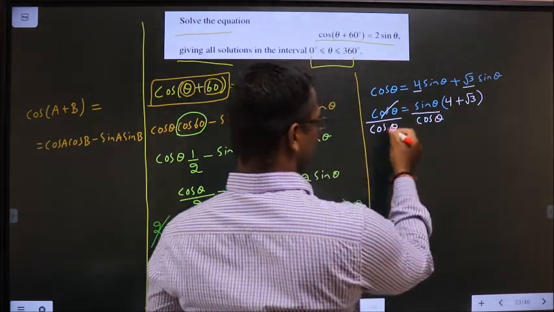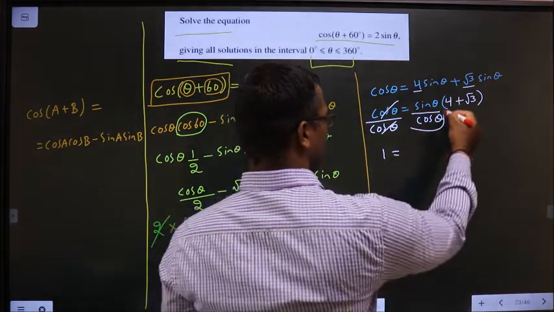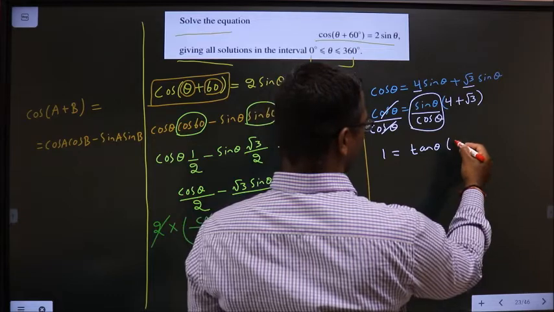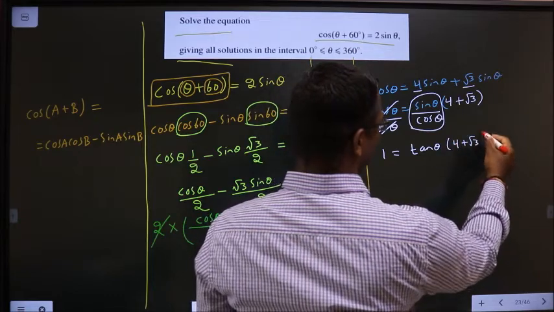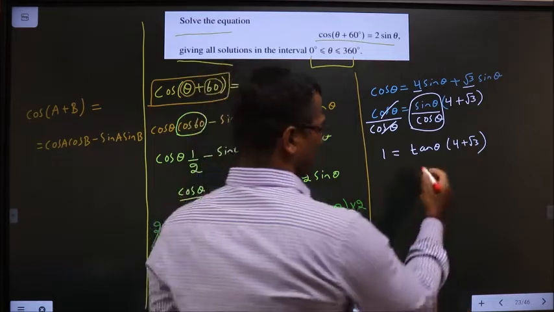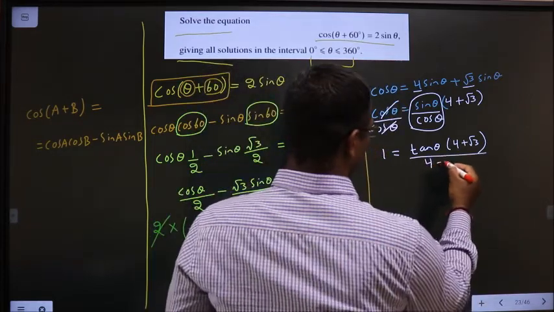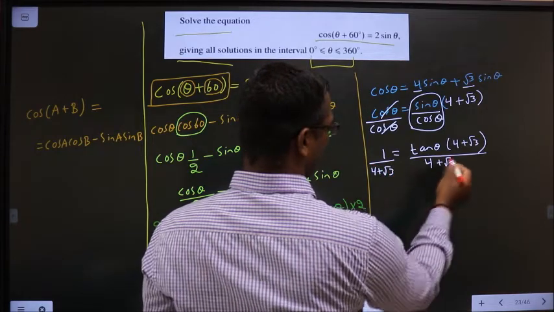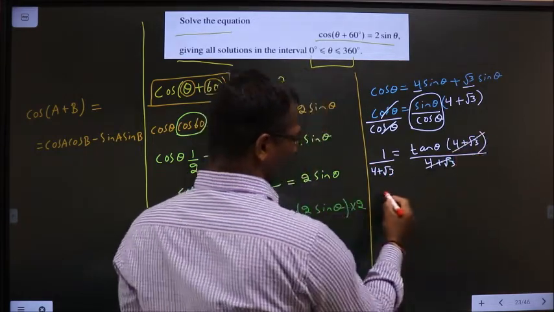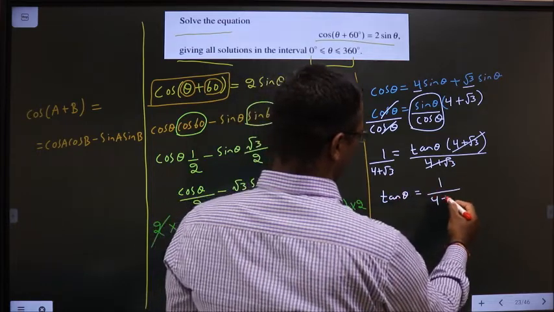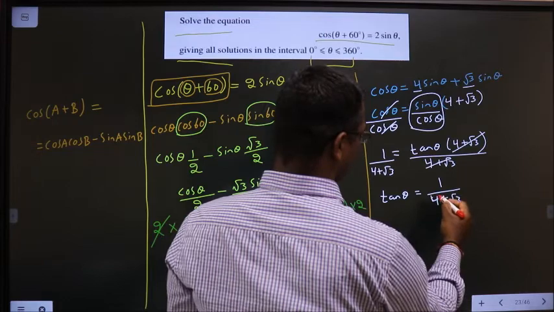Such that this cancels out, and here instead of sine by cos, I will write tan theta equal to 4 plus root 3. Now, tan theta should be the subject. For that, I am dividing by 4 plus root 3 on both sides, such that this cancels out. Tan theta equal to 1 by 4 plus root 3.